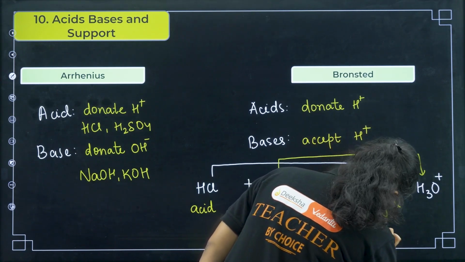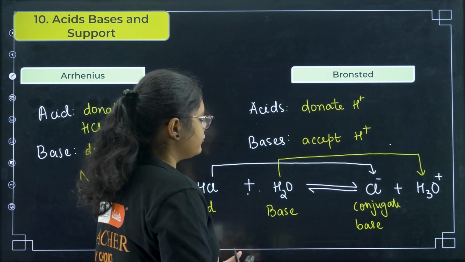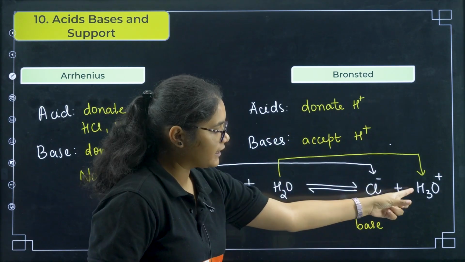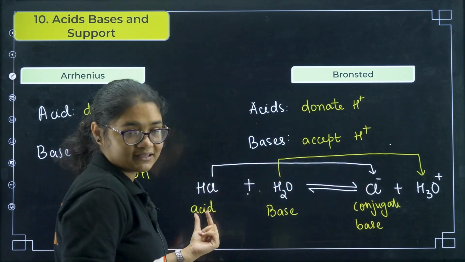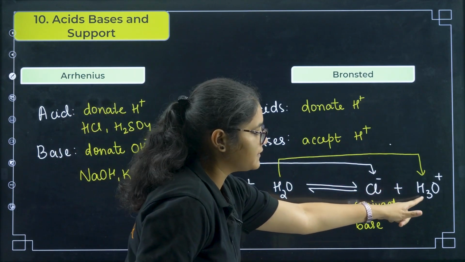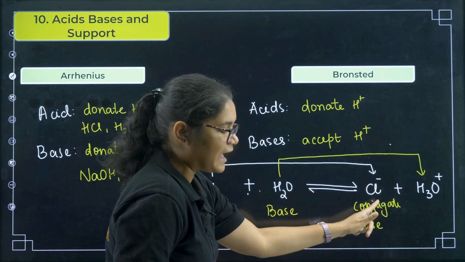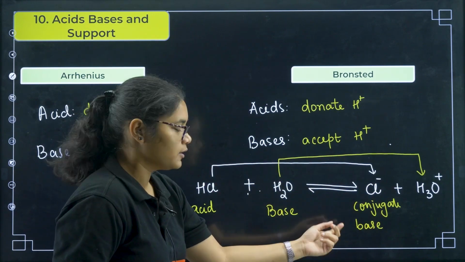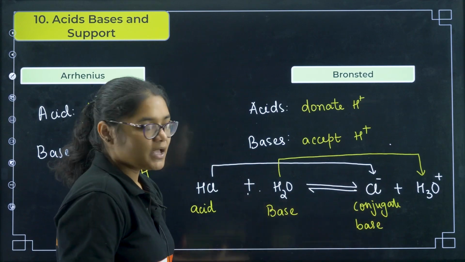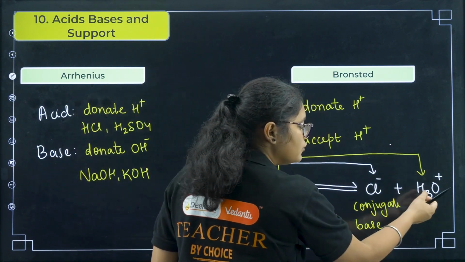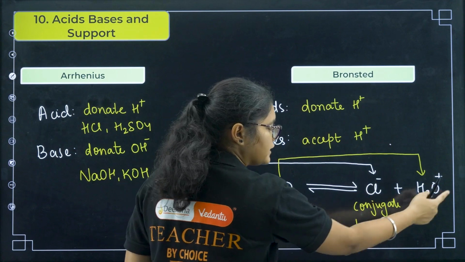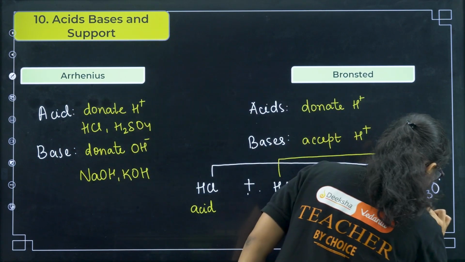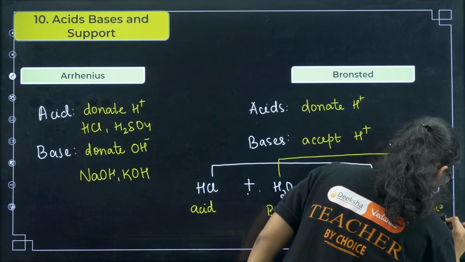If Cl minus can take one H from here and become HCl, because it has the capacity to accept a proton and give you HCl, that is called a base, and that is why its name is conjugate base. Similarly, H3O plus can lose one hydrogen to give you H2O, so because it is losing one hydrogen, this is called conjugate acid.